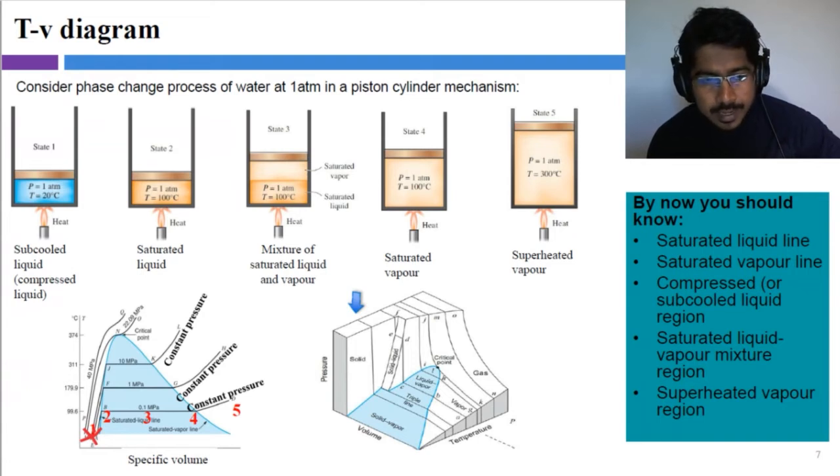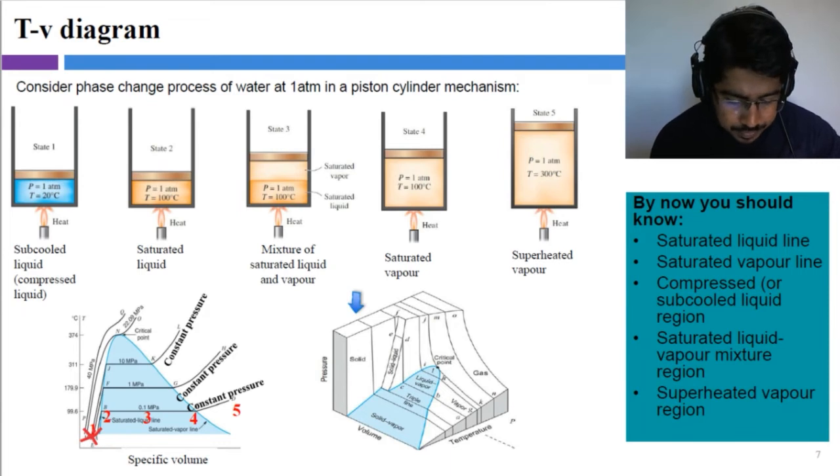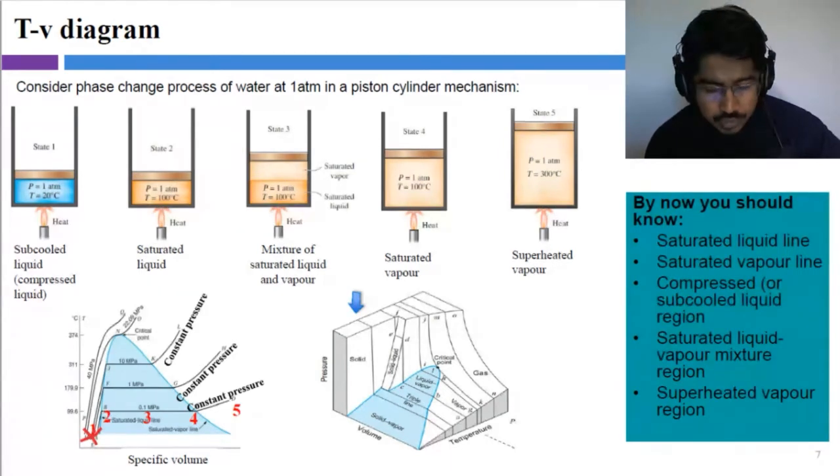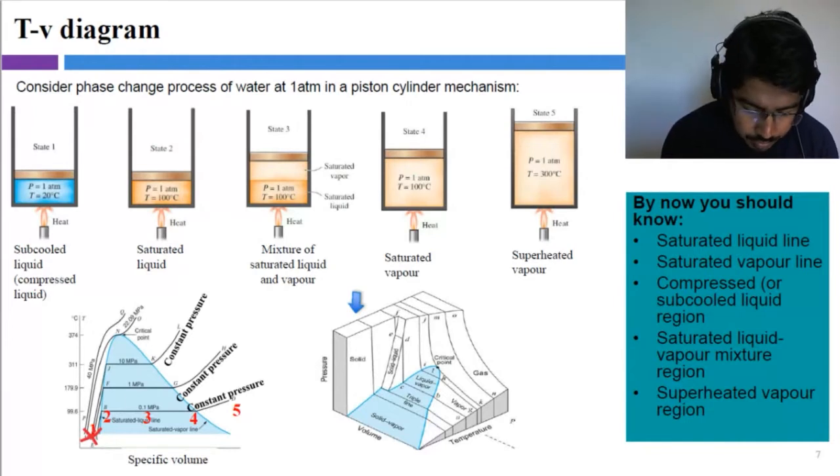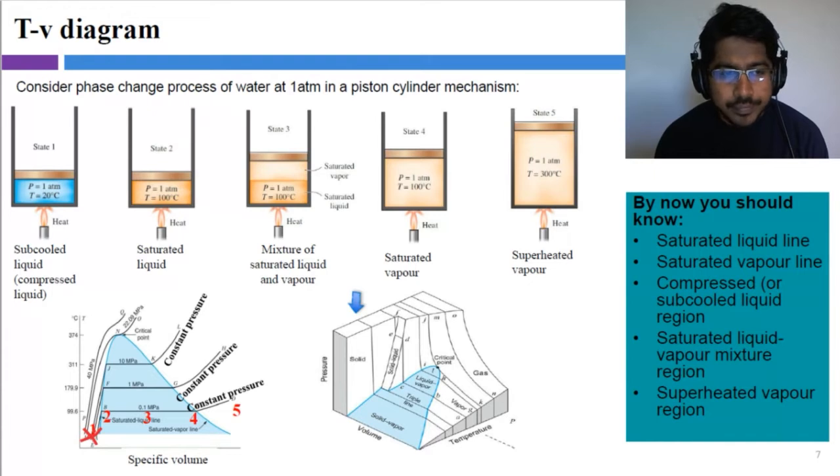Okay. And then we heat it up so that the liquid becomes saturated liquid, right? Still no vapor involved, but it is saturated liquid. Where should the saturated liquid go? The saturated liquid should be on the saturated liquid line. As the name implies, on that line we have saturated liquids. So what is the difference between a normal liquid and a saturated liquid?